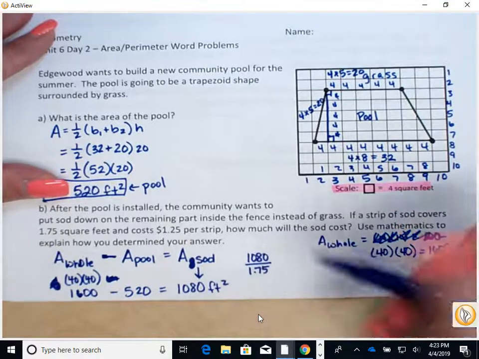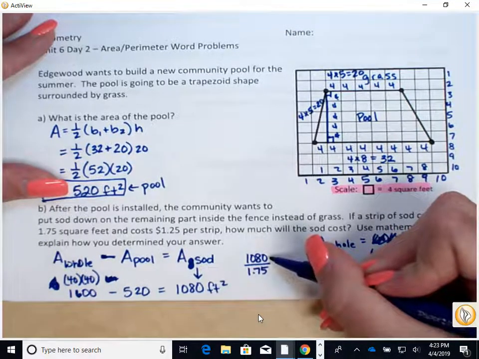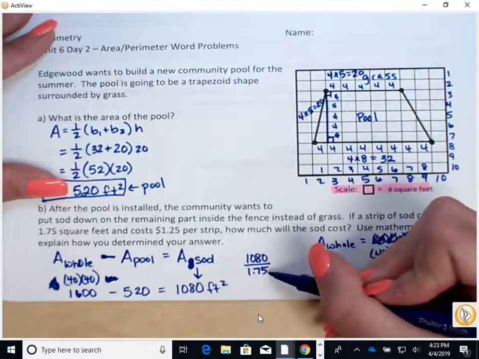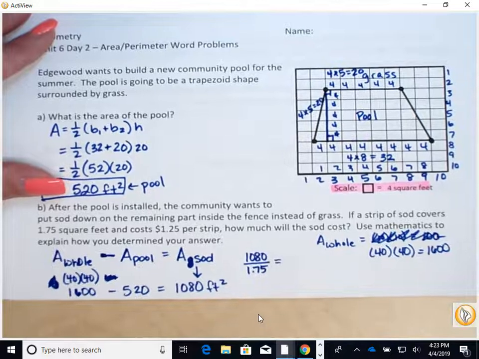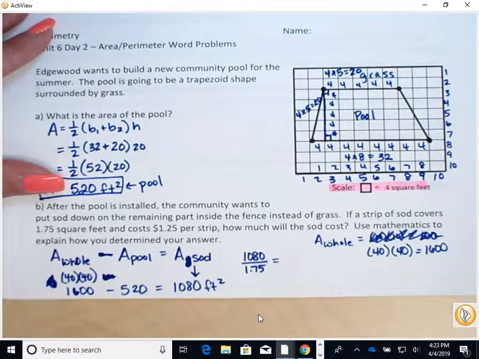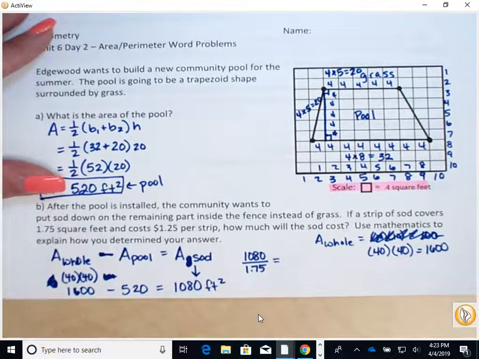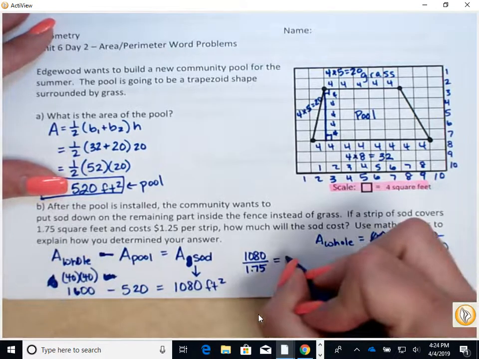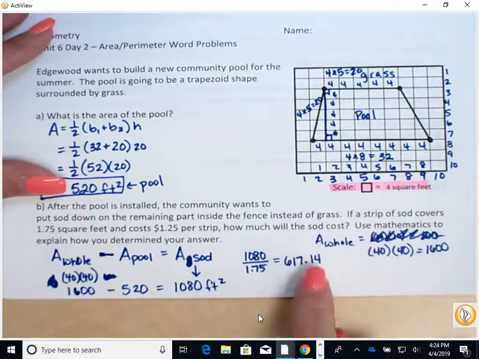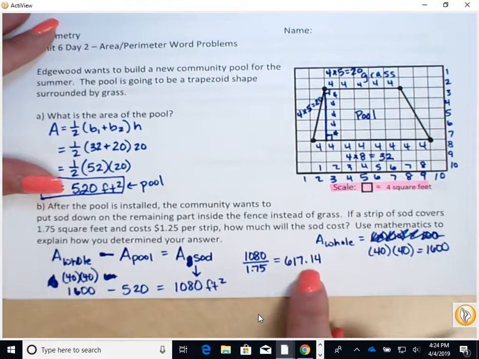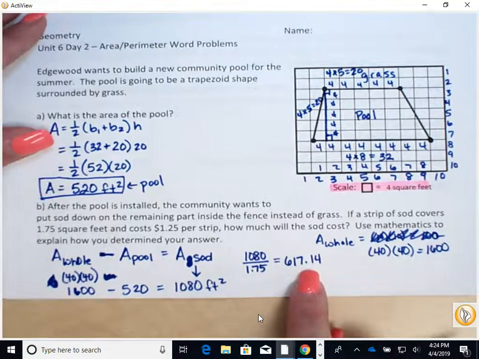This is the area of the whole area that needs to be sod, and this is the area of one piece of sod. So this will tell us how many pieces of sod we need. So 1,080 divided by 1.75 tells me, I got a decimal, 617.14.